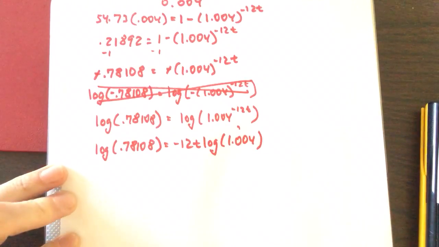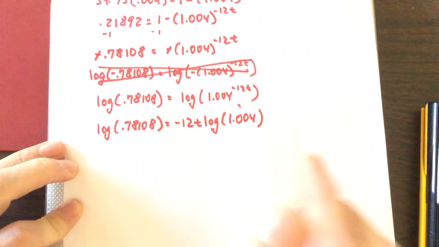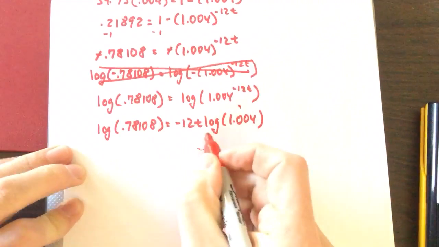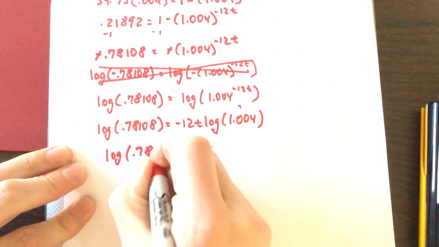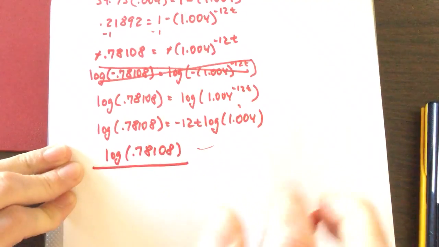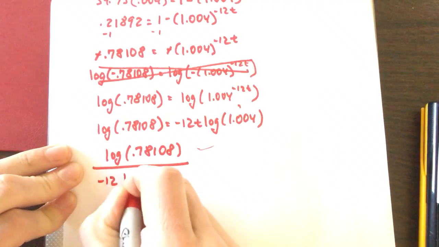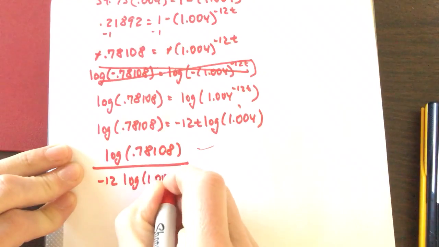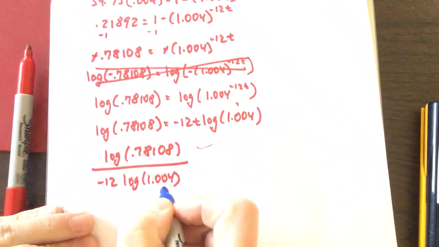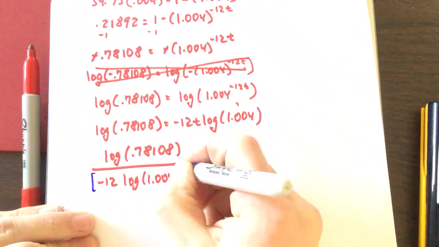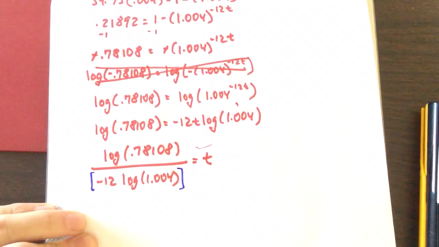I'm going to save my multiplication division until the end with a log. I'm multiplying by t, so I would divide by everything that's multiplying against t. I'm going to have log 0.78108 divided by all those pieces that are multiplying by the t. Reminder, we're dividing by all of that, so in the calculator, make certain that we bracket that off.